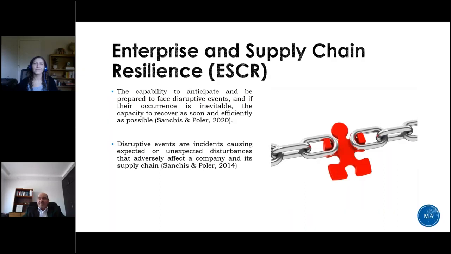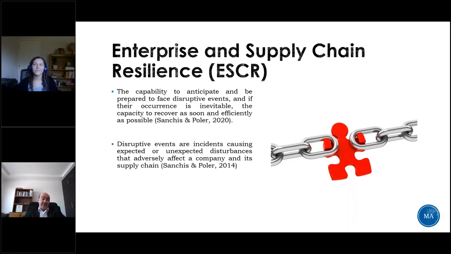What is enterprise and supply chain resilience? Basically, these are 2 important definitions: the capability to anticipate and be prepared to face disruptive events, and, if their occurrence is inevitable, the capacity to recover as efficiently as possible. That's enterprise resilience, and of course you can extend that to supply chain resilience.